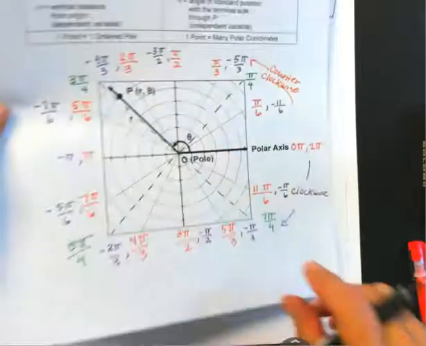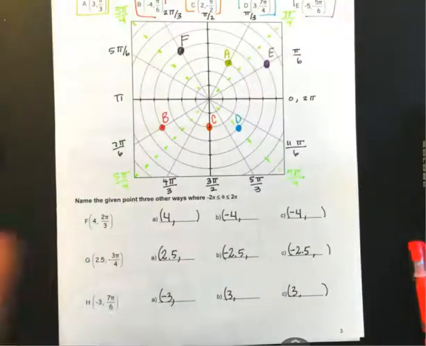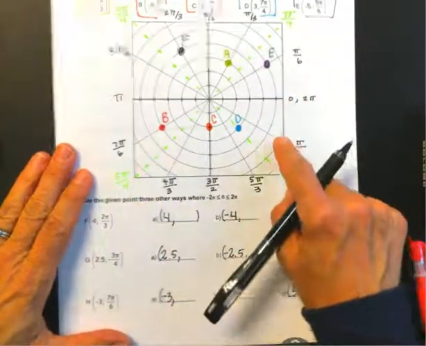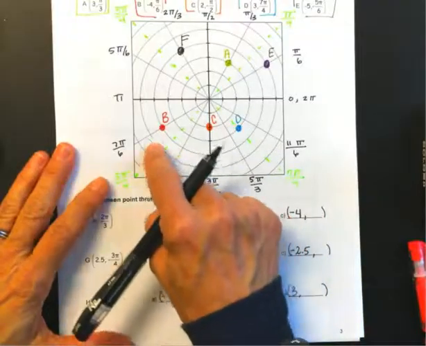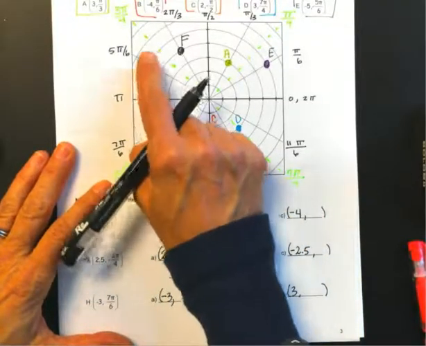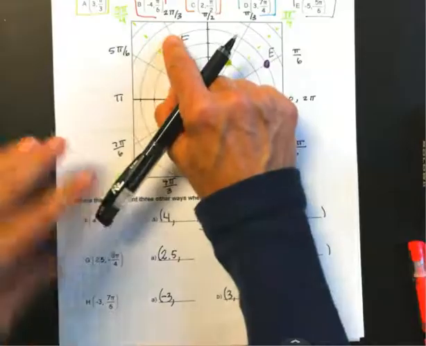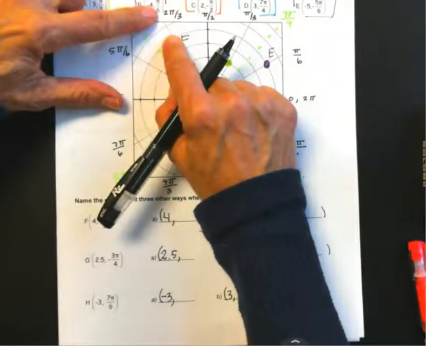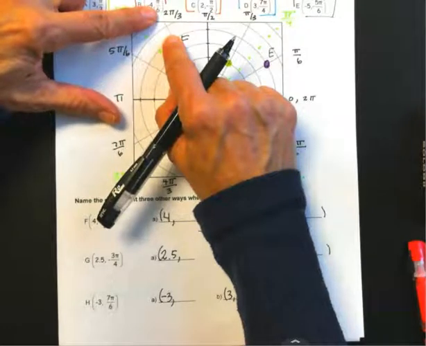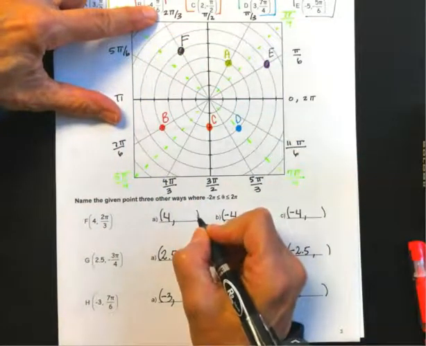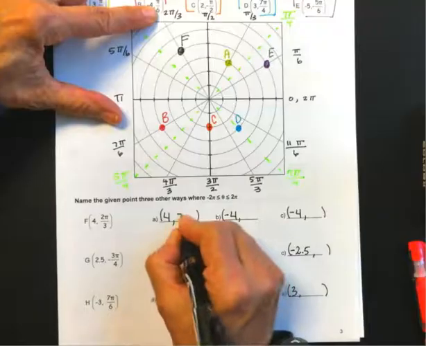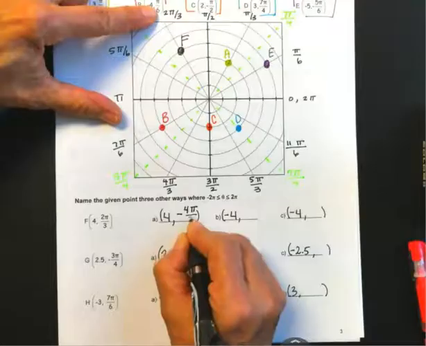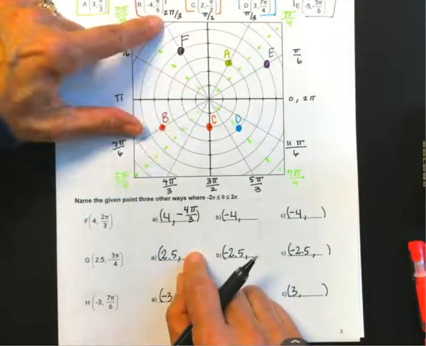Now don't feel like you have to remember that because you can just count by 6s. So I'm going to start here, but I'm going to go clockwise. 1 over 6, 2 over 6, 3 over 6, 4 over 6, 5 over 6, 6 over 6, 7 over 6, 8 over 6, which is going to simplify to -4 pi over 3. So another way to get to that point is -4 pi over 3. That's when I go towards it.